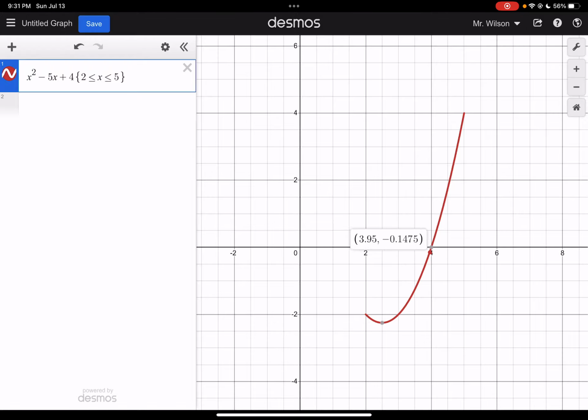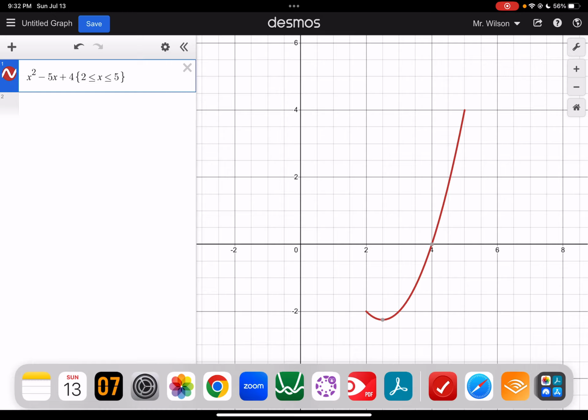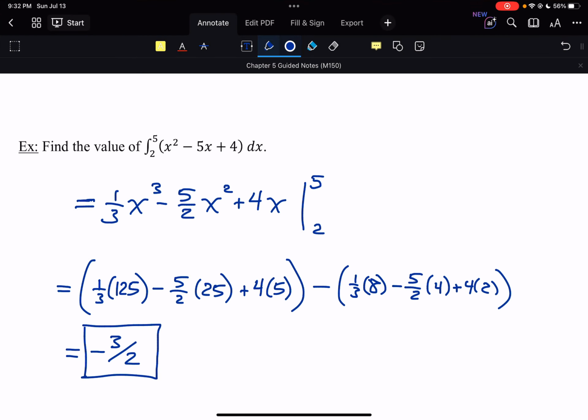So all of the area down here, between here and the x-axis, is going to be counted negatively. And all the area under this portion, from 4 to 5, is going to be counted positively. So in the end, they worked out to -3/2. That means the negative area down here is slightly bigger than the positive area being counted up above. And that's what we get using the definite integral to find areas.